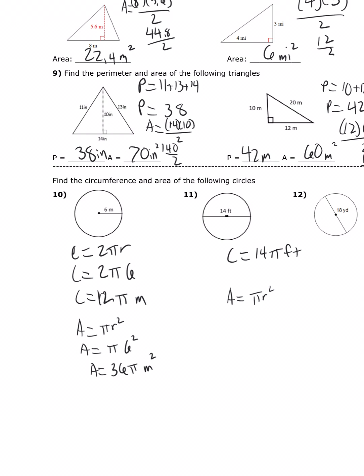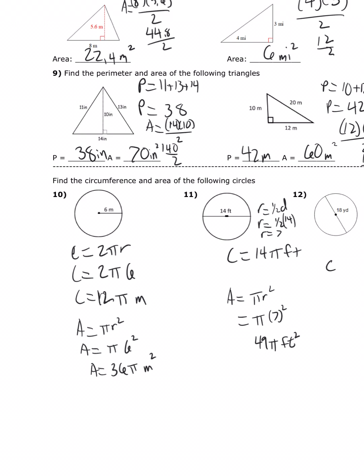The radius is going to be half of the diameter. So if we don't have a radius given to us, we need to do 1/2 of 14. And half of 14 is 7. So we can plug in pi times 7 squared. So that is 49 pi feet squared.